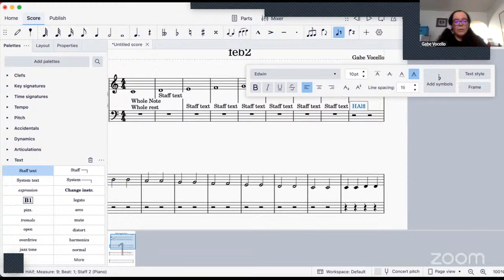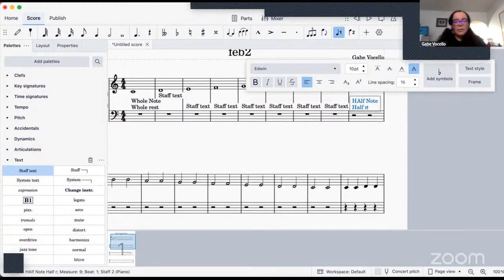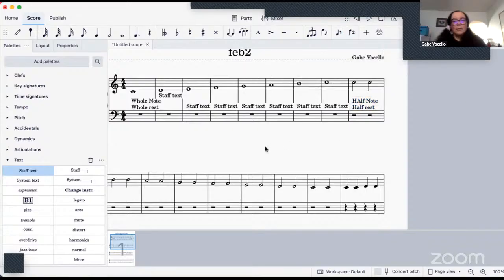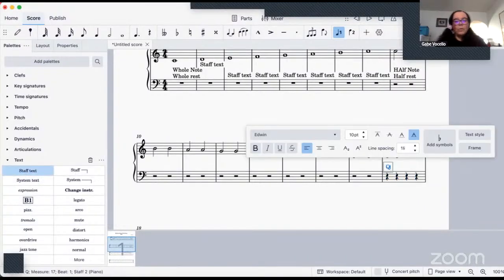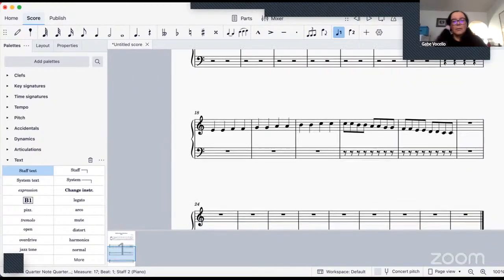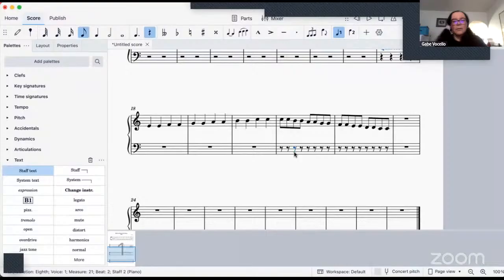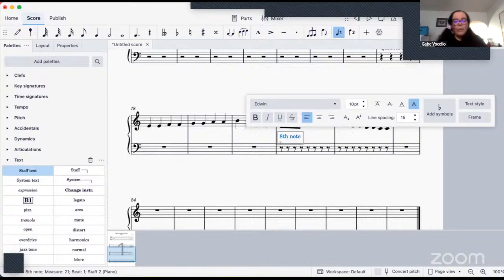Half note and half rest. Quarter note and quarter rest. Eighth note and eighth rest.